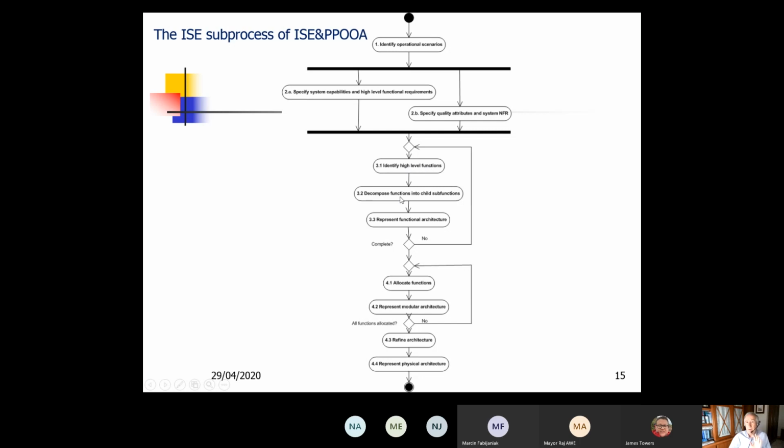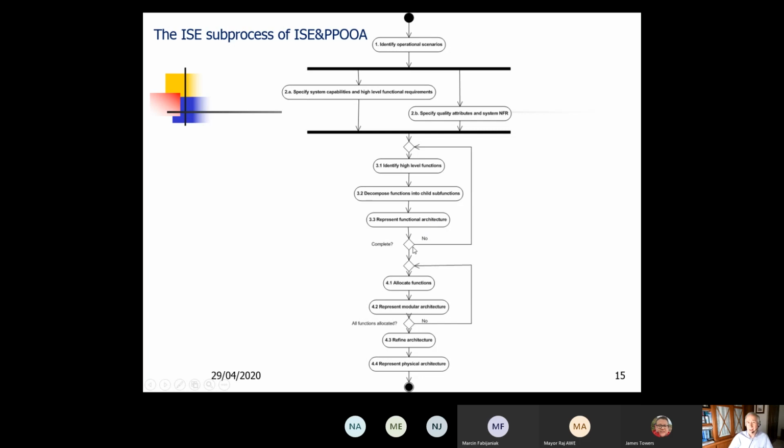We decompose the functions into their children subfunctions, and we represent the functional architecture. That is not only the hierarchies. We have to represent the functional flows as well.